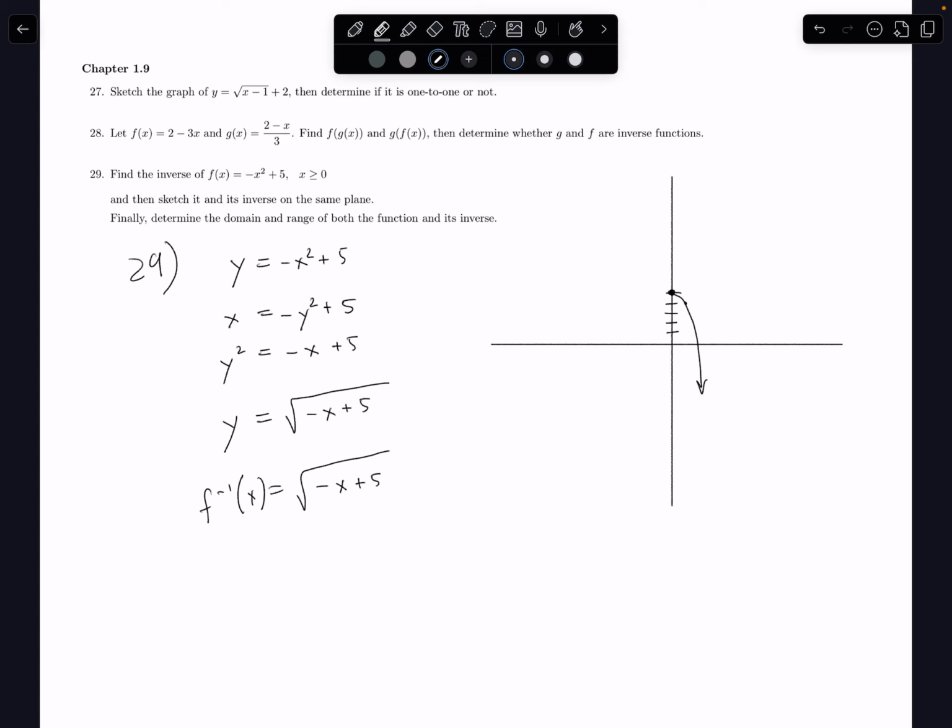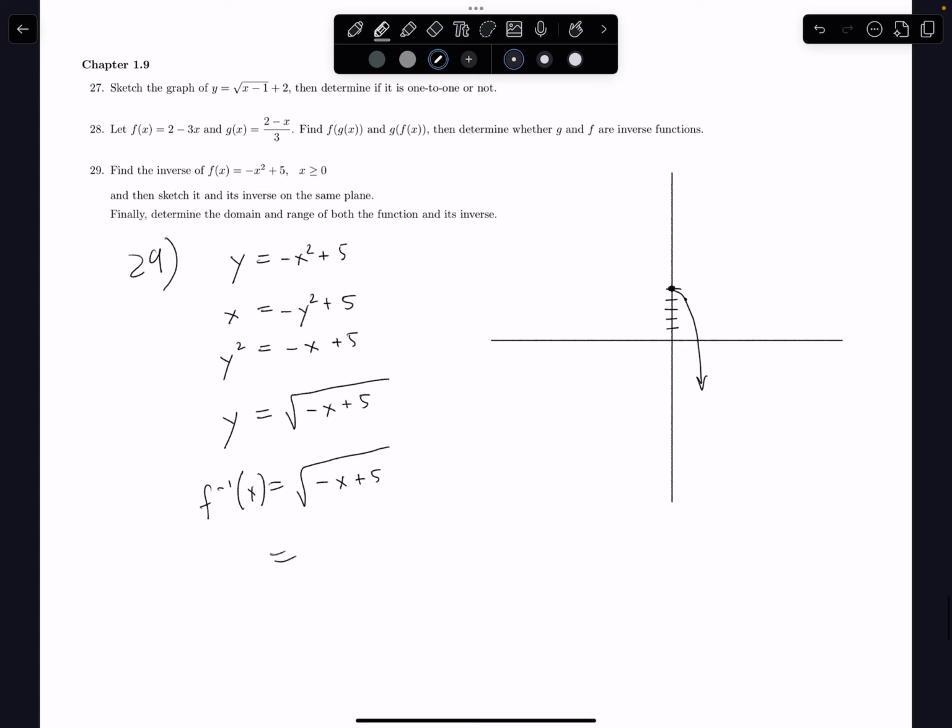Okay, the second function, square root function. Let me write it like this so I can see the translations more clearly. This is square root of negative x minus 5, like that. Just to confirm, if I was to distribute the negative, this would give me negative x.